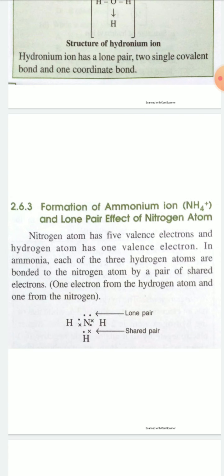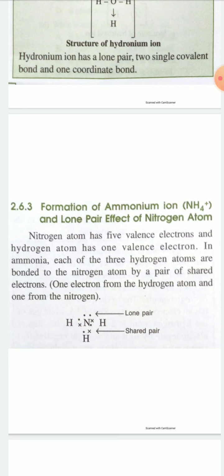That's why the lone pair of nitrogen of the ammonia molecule can form a coordinate bond with the H plus ion, forming the NH4 plus ion. And in the NH4 plus ion, there are three single covalent bonds between nitrogen and three hydrogen atoms, and one coordinate bond between the nitrogen and the H plus ion.